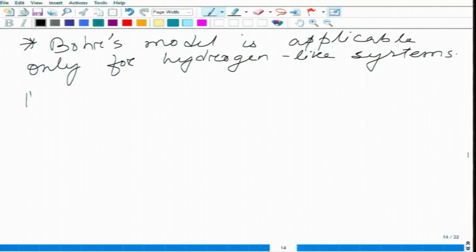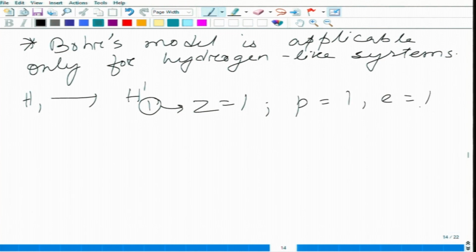What are they? Hydrogen atom itself. Now, what is the hydrogen atom? It is written like this, right? So, the atomic number is 1. Z equal to 1 means 1 proton and 1 electron.